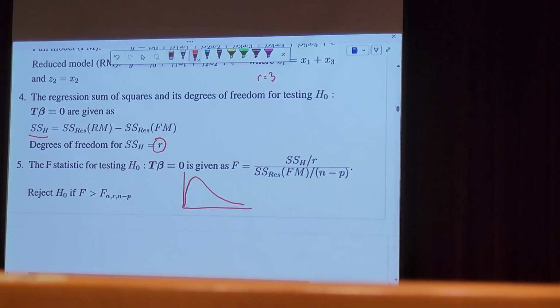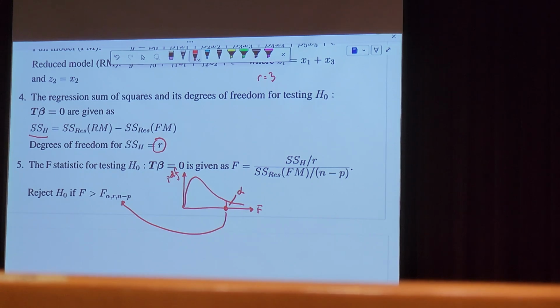So according to my notation, this is alpha, this quantity will be this. So this is the PDF of the F statistic. The first degree of freedom for this F statistic is R. The second degree of freedom is n minus p. N minus p refers to the degrees of freedom of the residual sum of square.